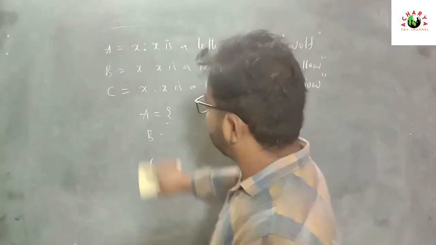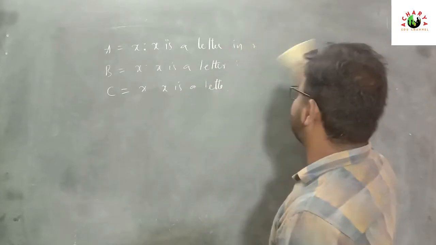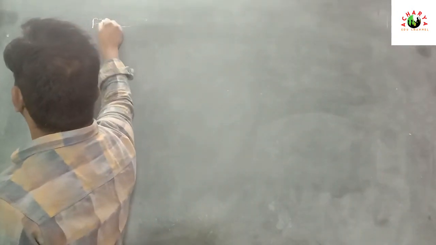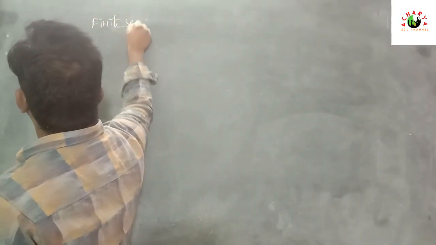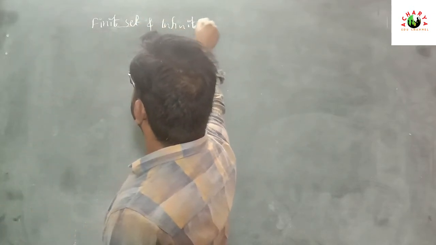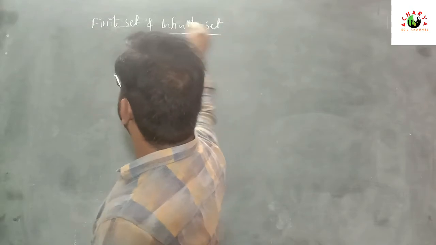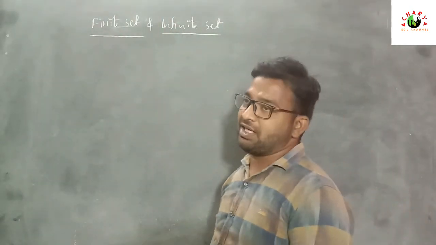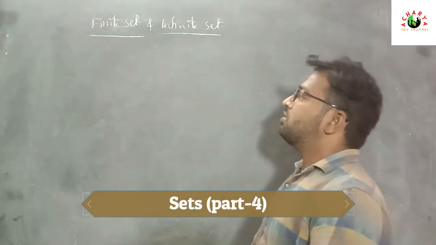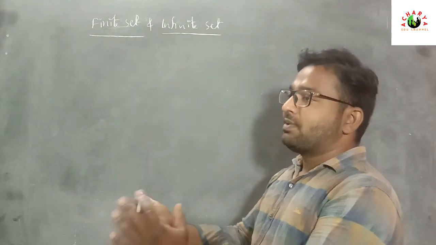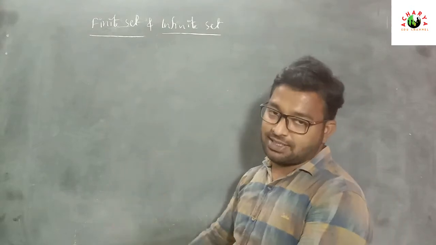Next, finite set and infinite set. What is meant by finite set and what is meant by infinite set? Finite set means some reachable end point is there.